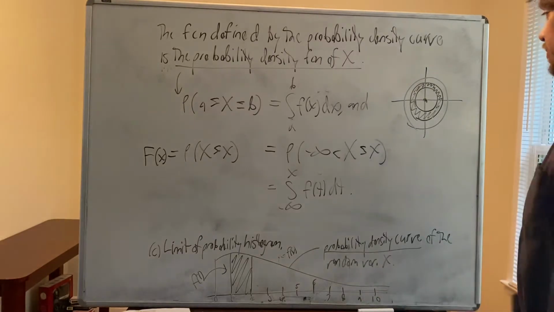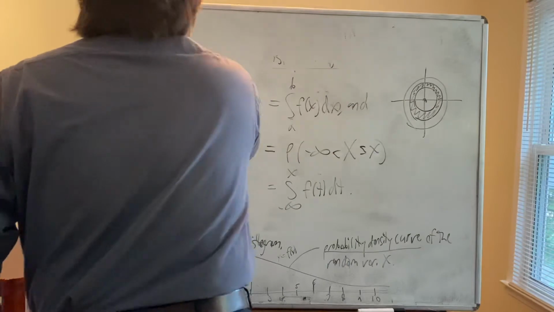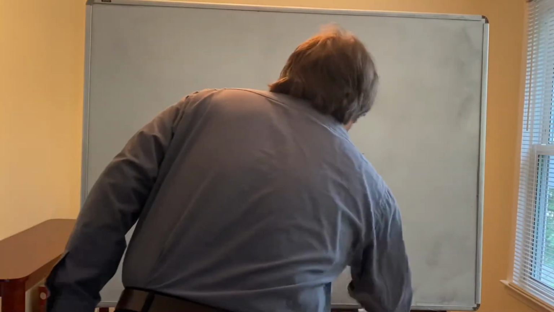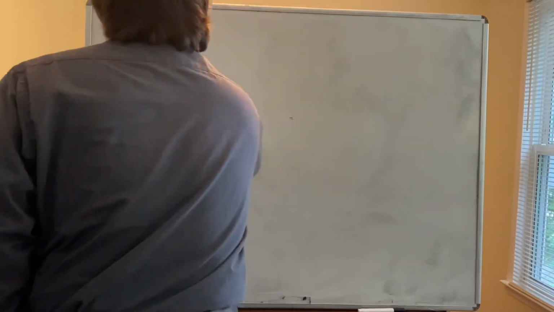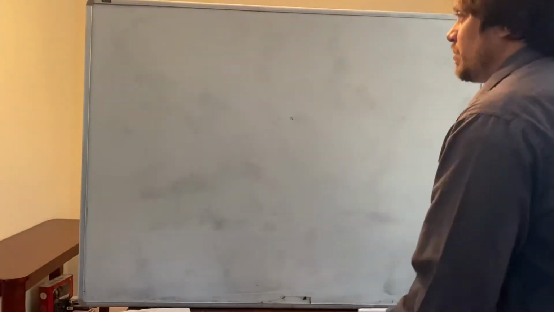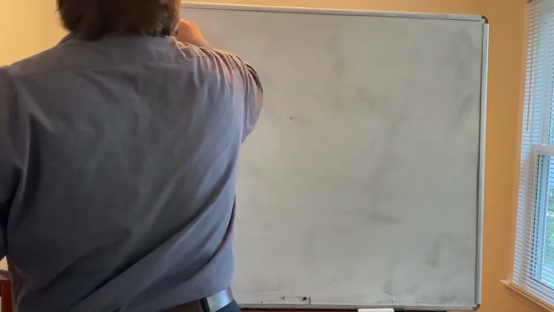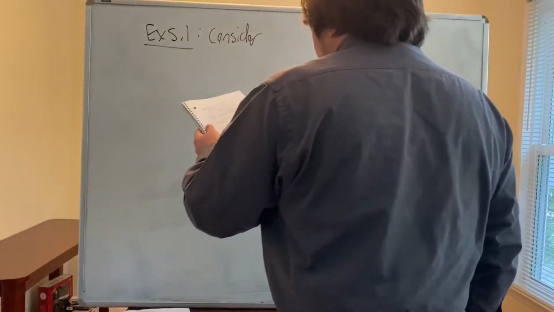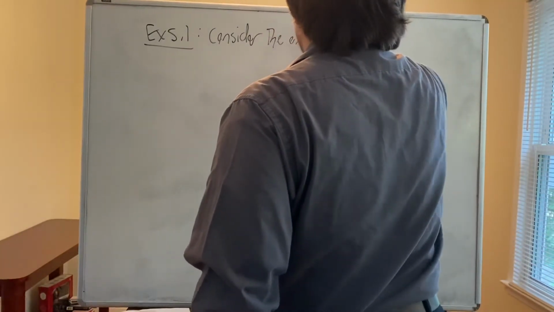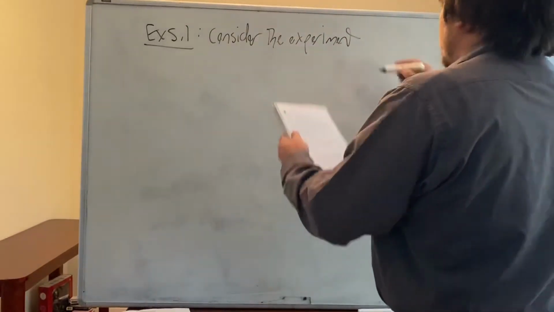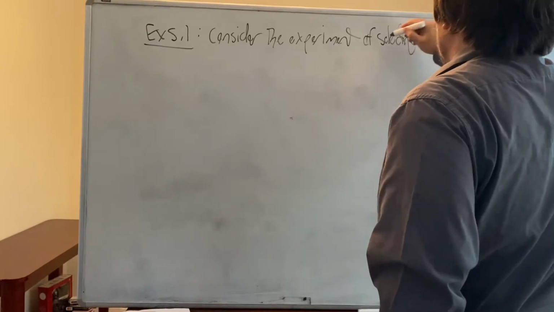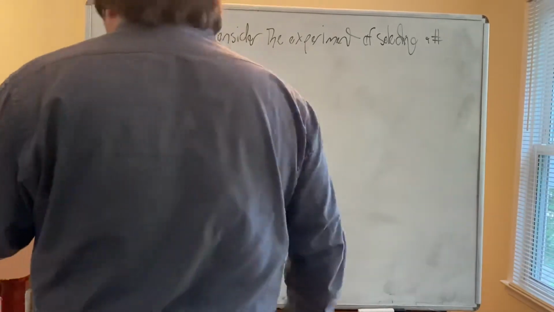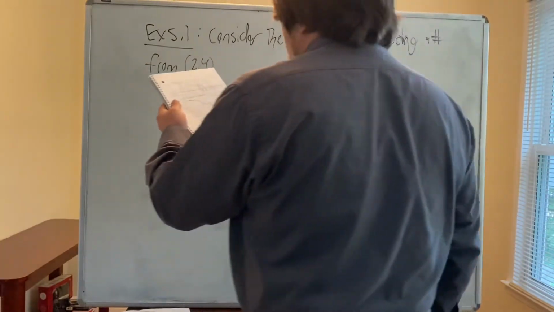Okay, so let's look at an example. Consider the experiment of selecting a number from the interval (2, 4), not including the endpoints of the interval.